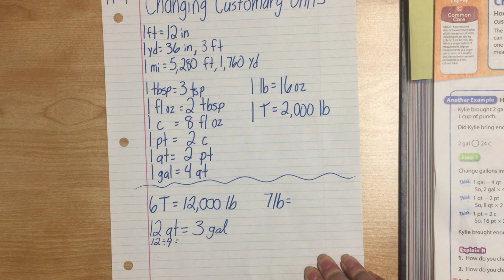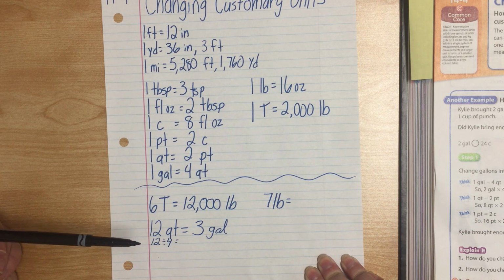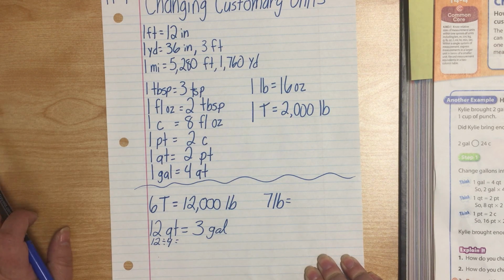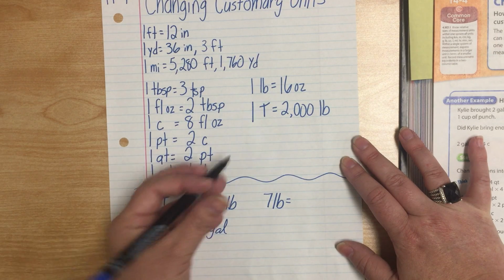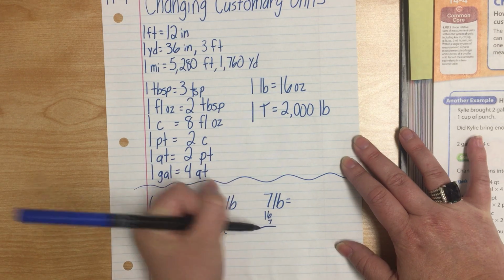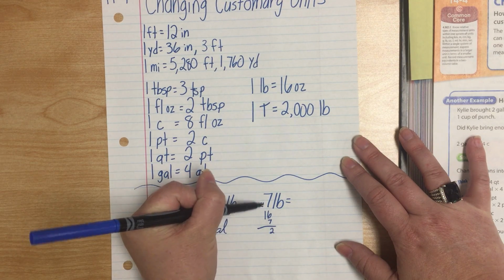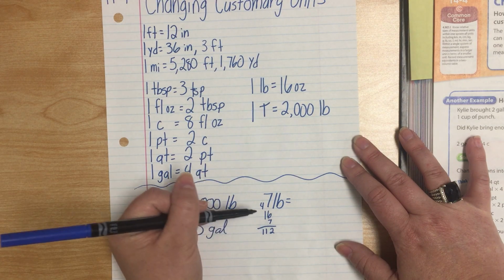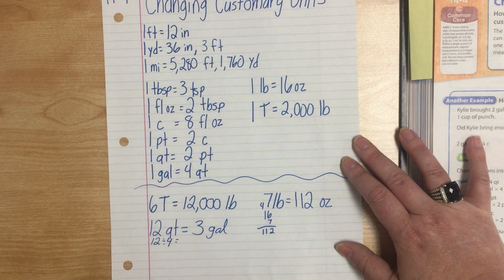What am I going to multiply by? 1 pound is 16. 16 times 7 is what I would be solving. So what's 6 times 7? 42. What's 7 times 1 plus 4? 11. So 7 pounds is 112 ounces.